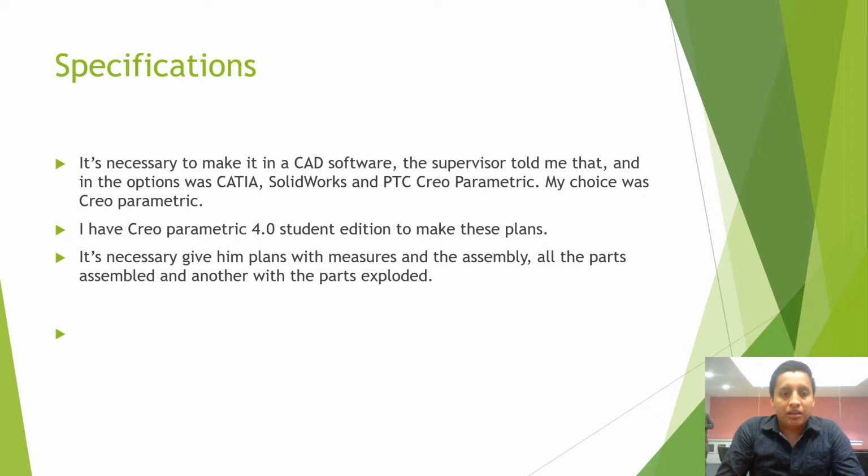And in my computer I have Creo Parametric 4.0, the student edition, and in this software I made the diagrams and plans. It's necessary to give him plans with measures and the assembly, other parts assembled and another with the parts exploded, where we can see how they are made.